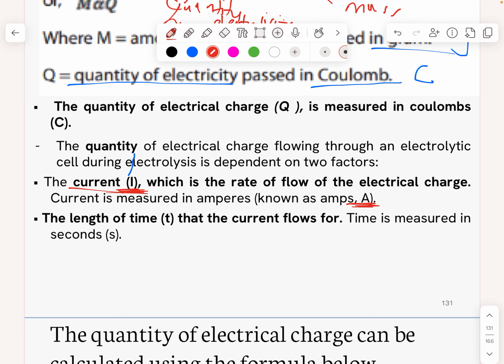Then another thing that affects the quantity of electrical charge is the length of time, right? So the time that it takes for this current to go around the circuit, and we measure this in seconds.